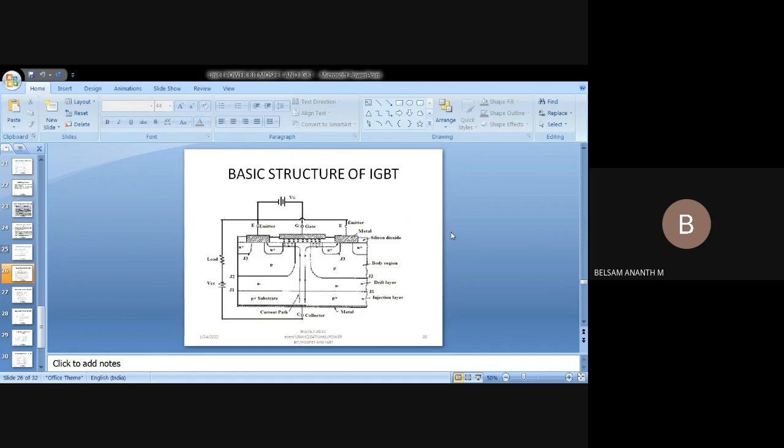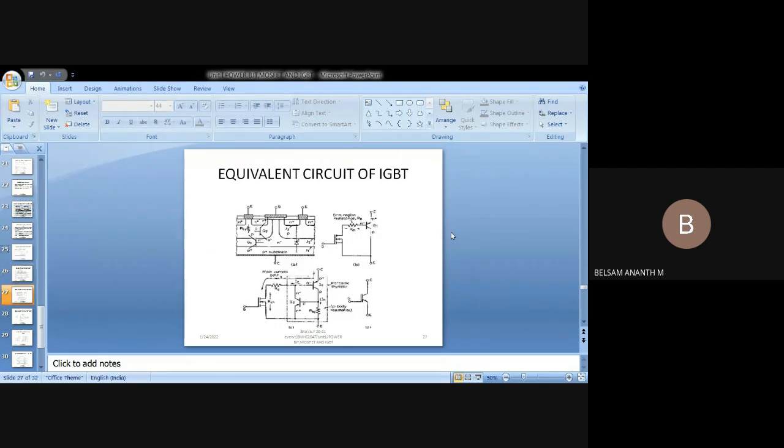Then between your emitter and collector, you have the collector voltage, or the main voltage source, and the load. The load is connected between the emitter and collector on the left side. In the top layer, between your emitter and gate, you have a gate voltage. So there are two voltage sources here, and this is the equivalent inner configuration of your IGBT.